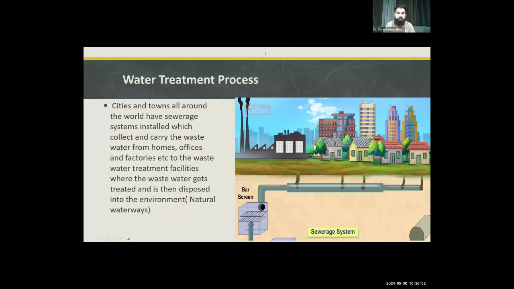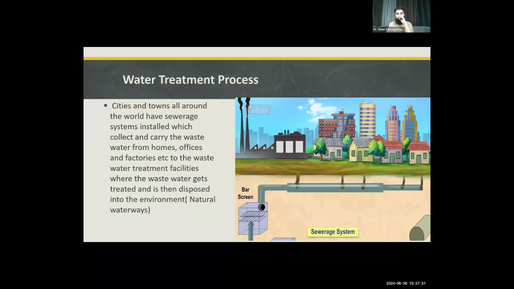First of all, you need a sewerage system which collects all of the wastewater from residential areas, municipal areas, and industrial areas, and this wastewater then goes to the water treatment facilities. So cities and towns all around the world have sewerage systems which collect and carry the wastewater from homes, offices, and factories to the treatment facilities, where it gets treated and is then disposed into the environment's natural waterways.